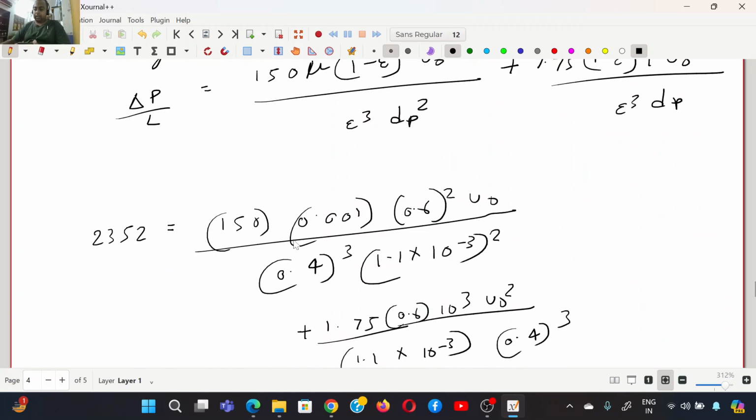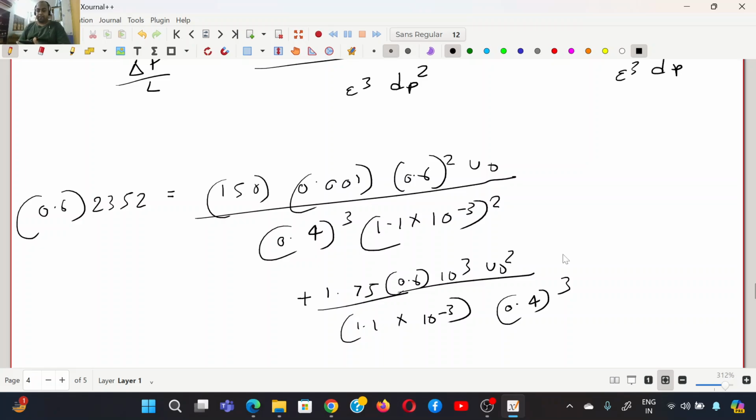Actually, it will be 2352 into 0.6, because I forgot to take 1 minus epsilon. Now you check. What is the answer? 3.3? Check.